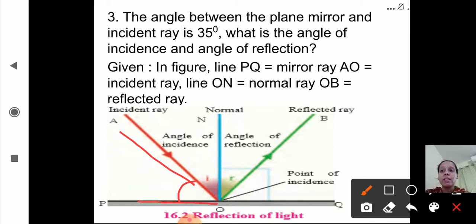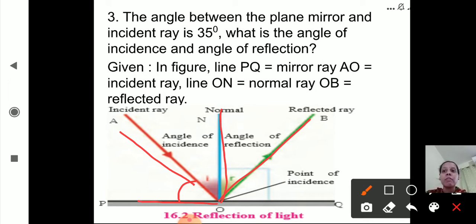Line ON is the normal. And ray OB is the reflected ray. So first we will draw the figure, and based on the figure we will write down what is given.